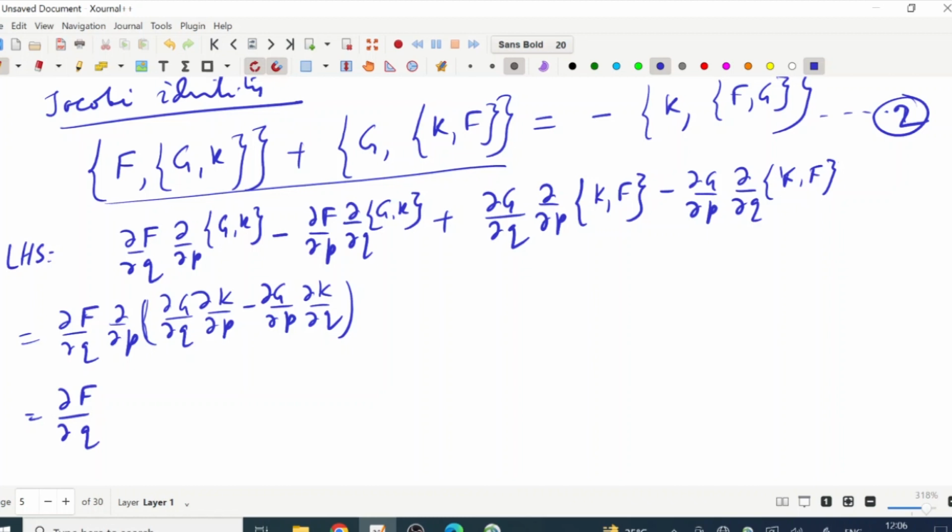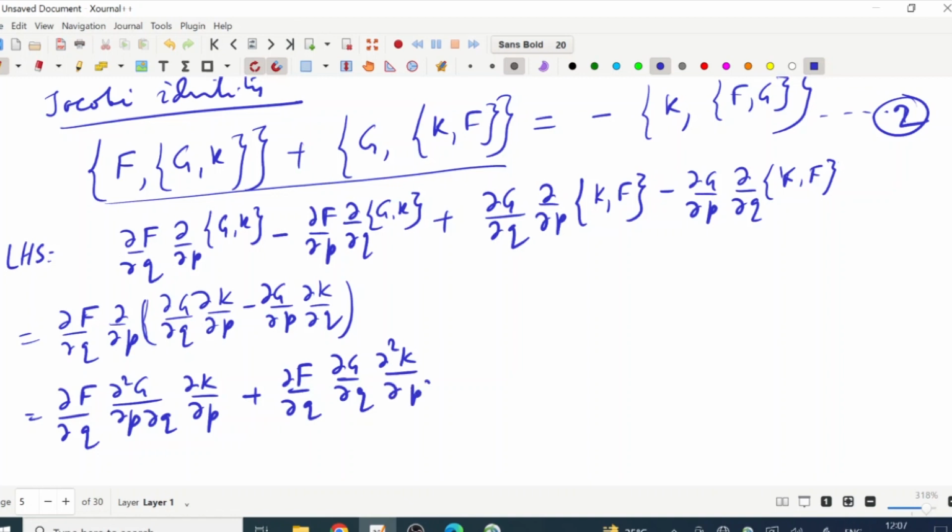If I differentiate this, I will get del 2 G del P del Q and del K del P as the first term. The second term will be plus del F del Q del G del Q and del 2 K del P square.